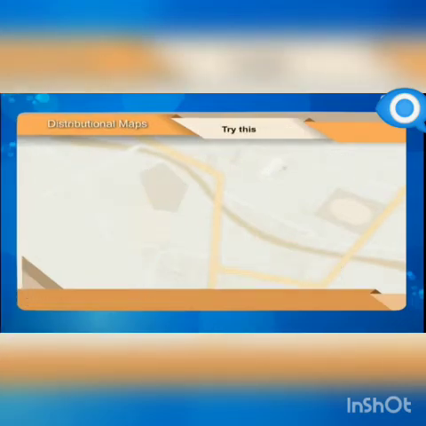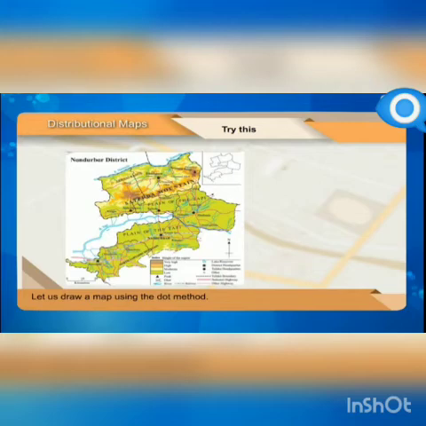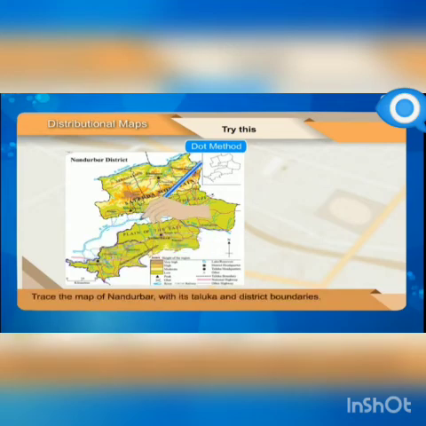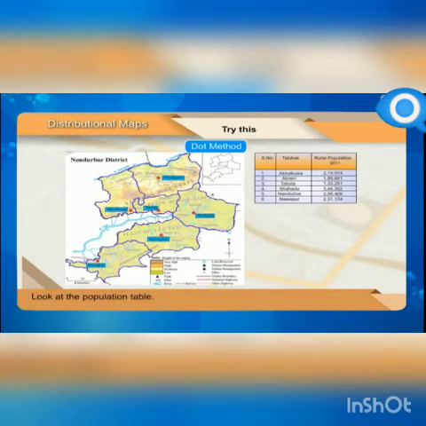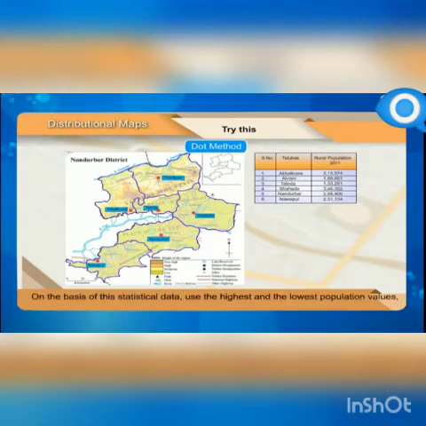One more, try. Draw the map using the dot method of this area of Nandurbar. What we have to do? We have to trace it with the pencil. And now look at the population table. On the basis of this statistical information, we can use the highest and lowest population value.